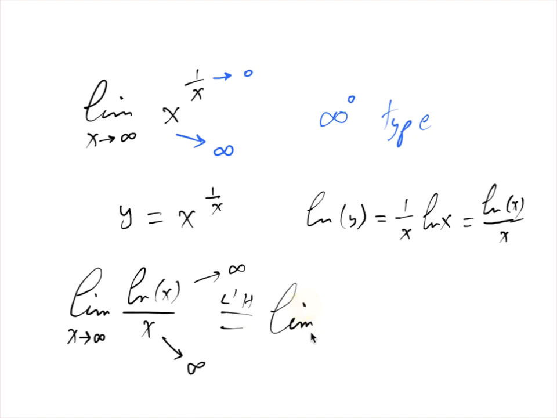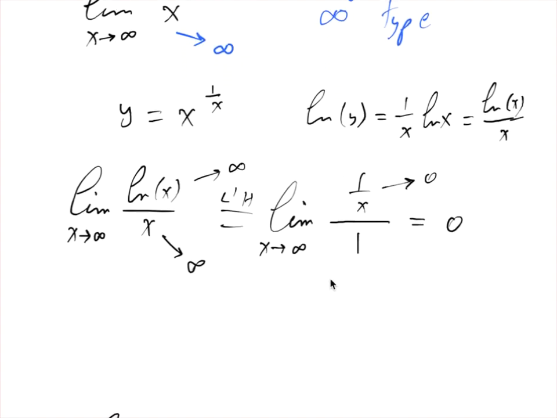So we have the limit as x tends to infinity of the derivative of ln of x, which is 1 over x, over the derivative of x, which is 1. And that is equal to 0, because as x goes to infinity, 1 over x goes to 0, and we have 0 divided by 1.